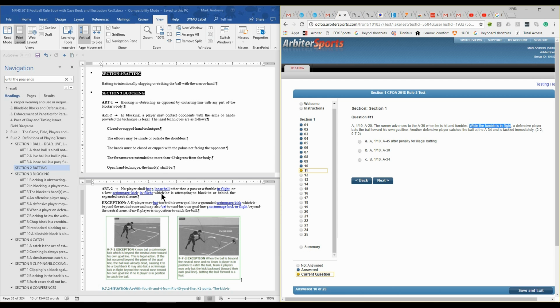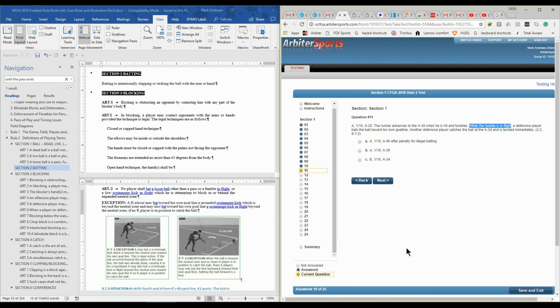So this prohibition against batting, basically, if the ball hasn't touched the ground, generally speaking, batting is okay. It can be batted. I mean, you can think of a lot of practical examples of this. A lineman jumps and bats a ball that's been thrown by the passer.